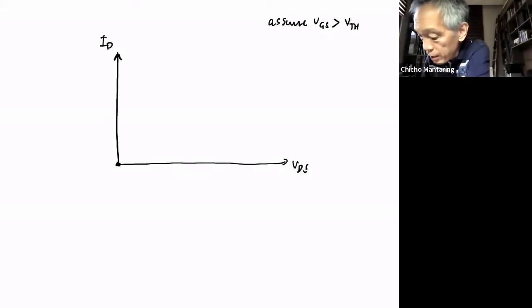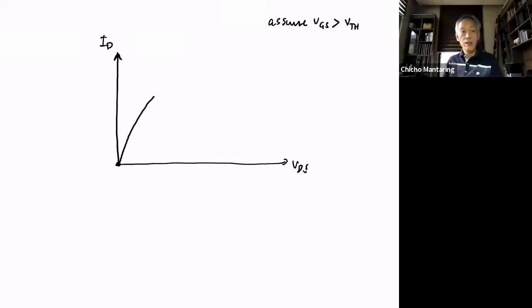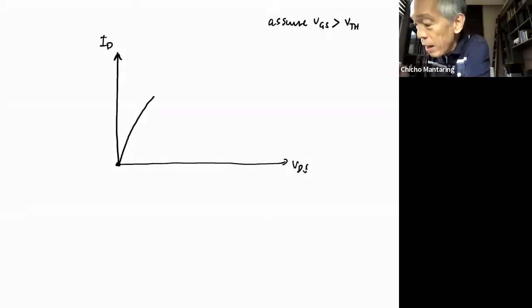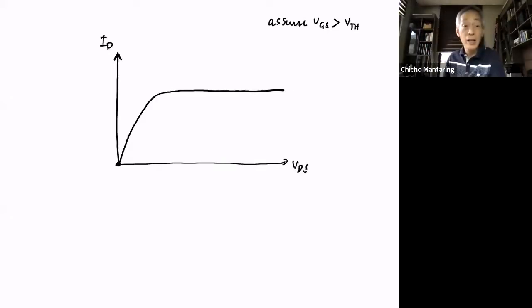So this is going to increase somewhat. There's going to be a slight curve. At some point, however, increasing further the value of VDS will not cause I sub D to increase further. At some point, this is going to become practically constant.